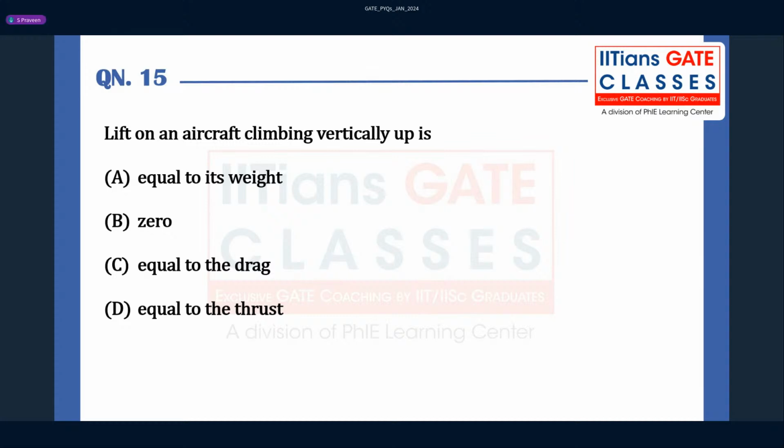Lift on an aircraft climbing vertically up is, there are four options: equal to its weight, zero, equal to the drag, equal to the thrust. Underline this phrase, climbing vertically. Let's take this as the aircraft.